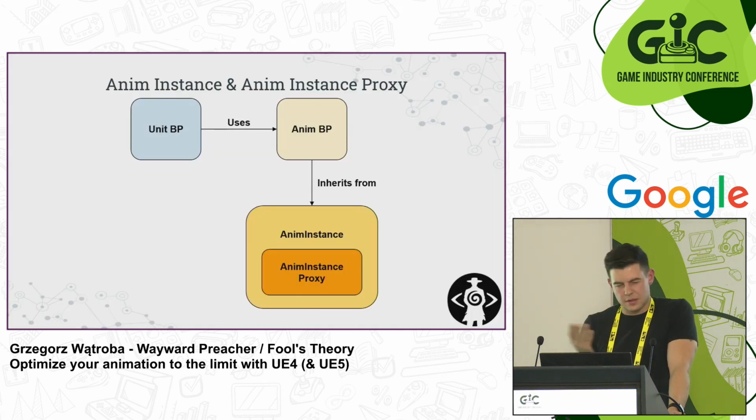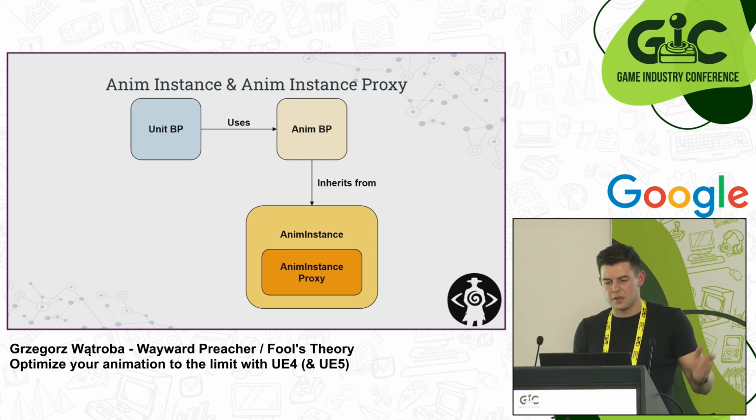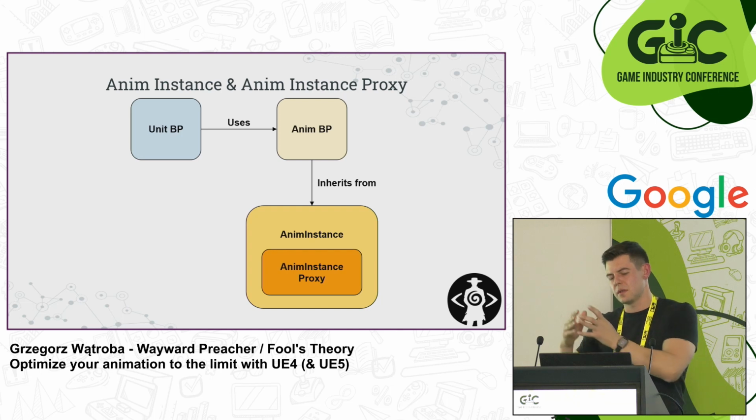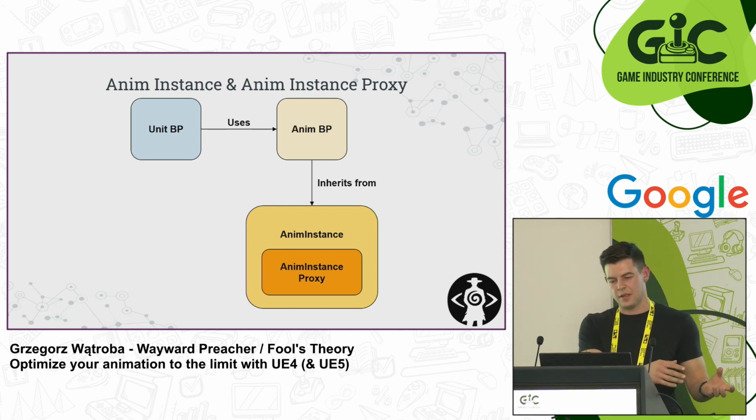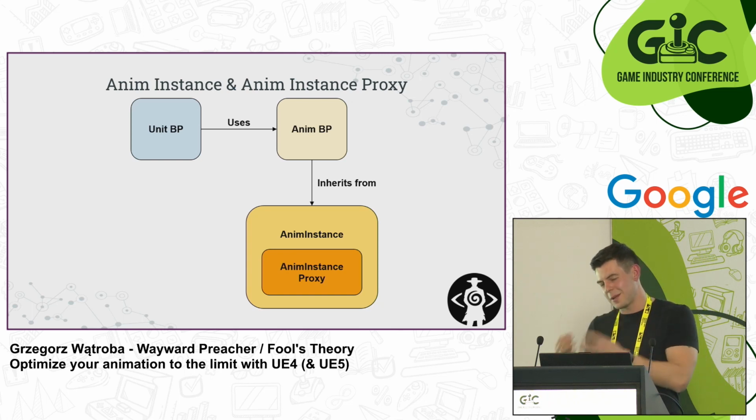Okay, and this is the relations between anim instance and anim instance proxy, and how those structures work and how they relate in AnimBP. So this diagram should explain a bit. We have unit, which uses anim blueprint. Anim blueprint derives from native class anim instance, and anim instance contains anim instance proxy. And anim instance proxy is this data set that gets shared between threads on which anim instance is ticked.